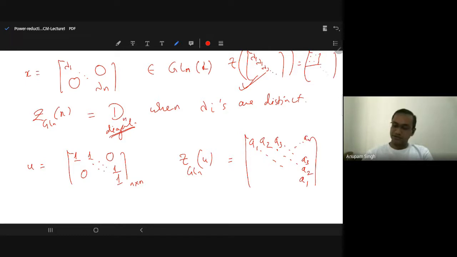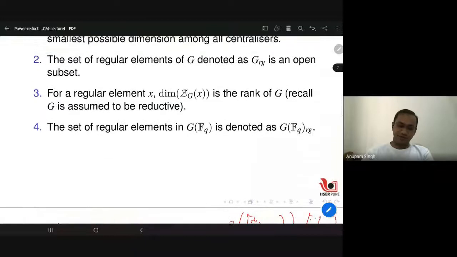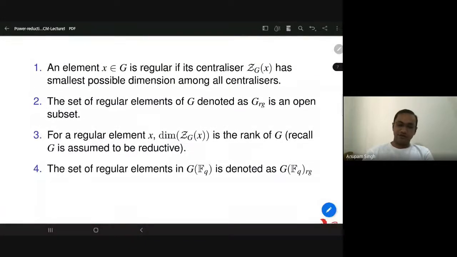I think this is the centralizer of this. And again, you will see that its dimension is n, which is the rank of the group. So keep these examples in mind. These are some examples of regular elements that have smallest possible dimension.